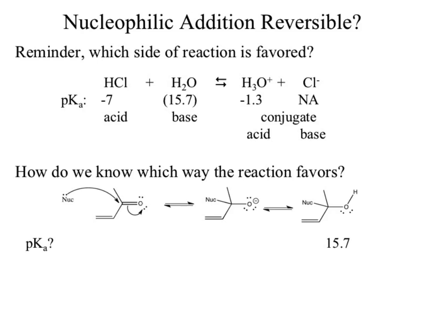So we can briefly look at that. If we push this all the way to the end, we'd have a 15.7 pKa for the alcohol. We'd have to look at the conjugate acid to get the pKa of the nucleophile. So if we started with H- as our nucleophile, the conjugate acid would be H2.